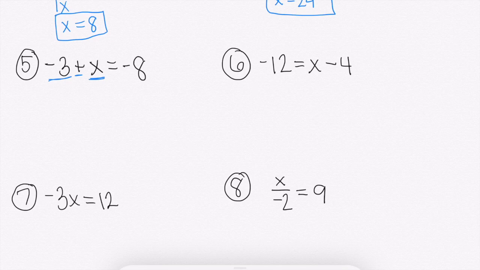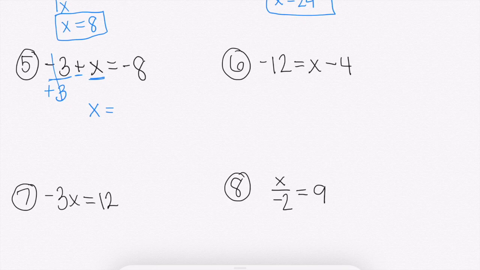We want that to be x plus 0, not x plus negative 3. So how would I get rid of negative 3? We would have to add a positive 3. Then those would cancel. Negative 3 plus 3 would get us 0 plus x, which is the same thing as just x, equals whatever you do to one side, have to do to the other.